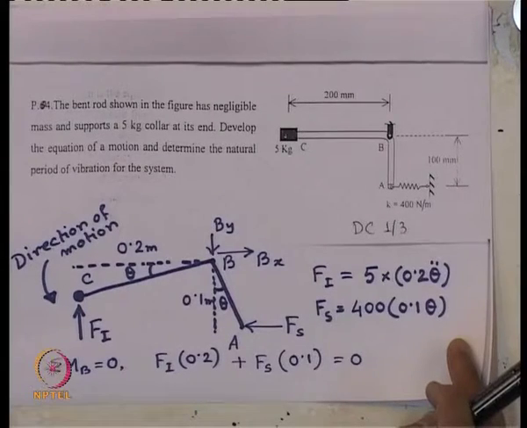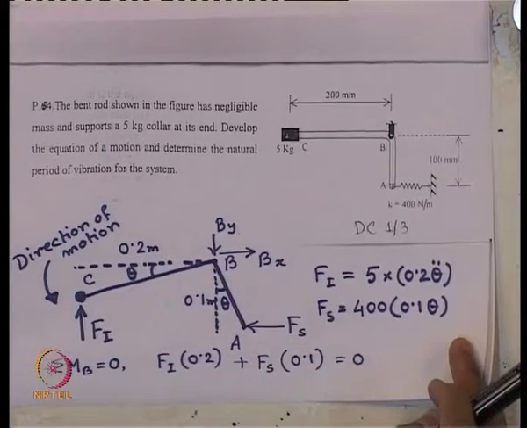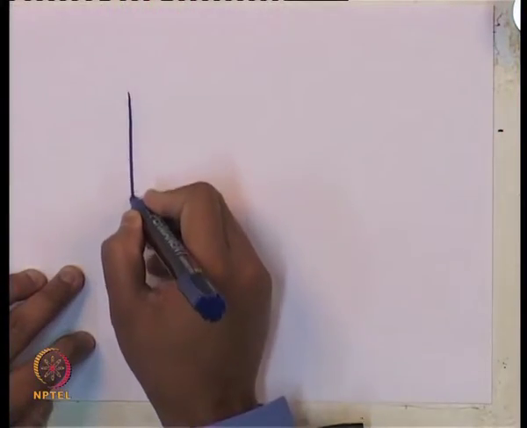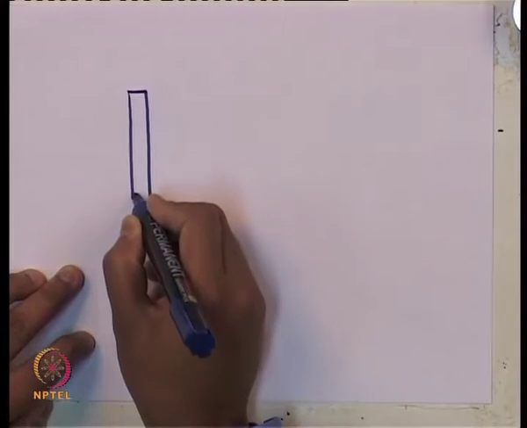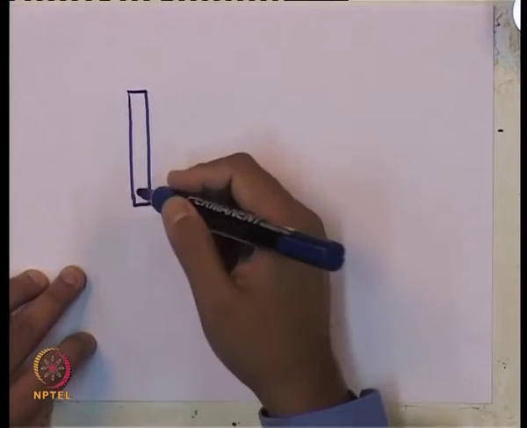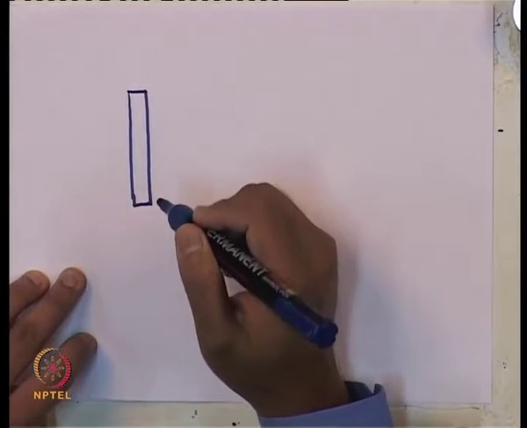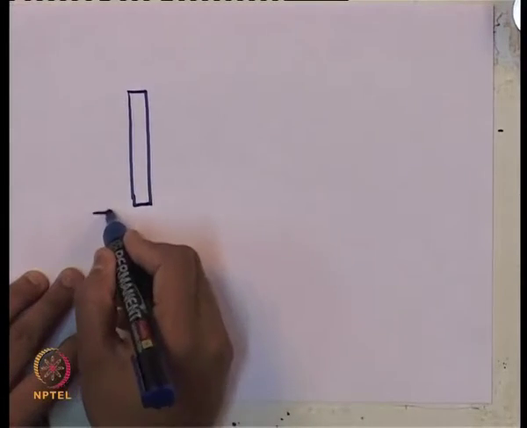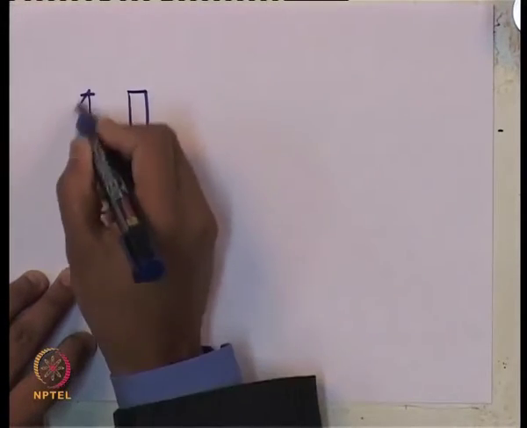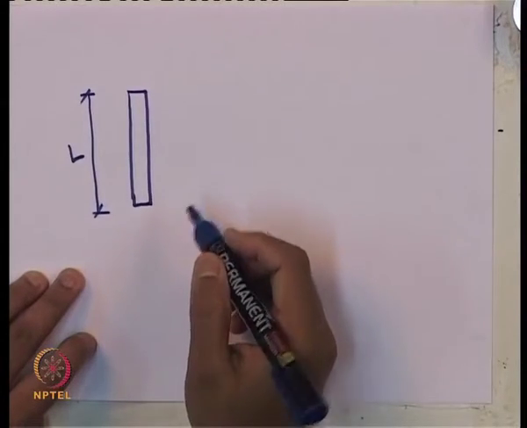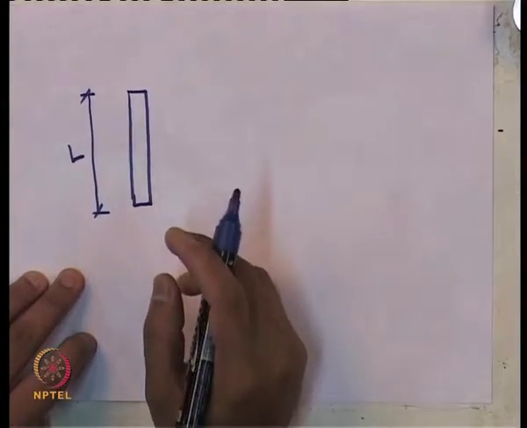Now, if mass is uniformly distributed for a bar, how do we compute the inertia of that bar itself? Let us look at it. Whenever we consider any bar which is having some uniformly distributed mass, what inertia forces can act on this bar of length L when it is subjected to vibration?